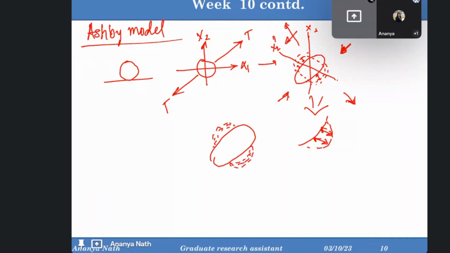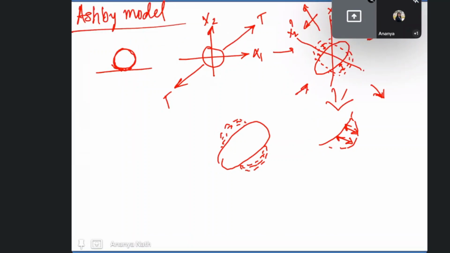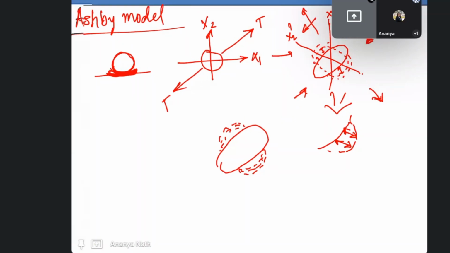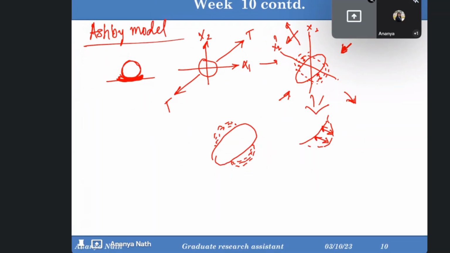Whenever there is a particle sitting in a matrix, the dislocation density along the interface of the particle is always high. Even if it's like this, the dislocation in this region is high. Now that it's elongated, obviously this portion will have much more dislocation density than earlier.